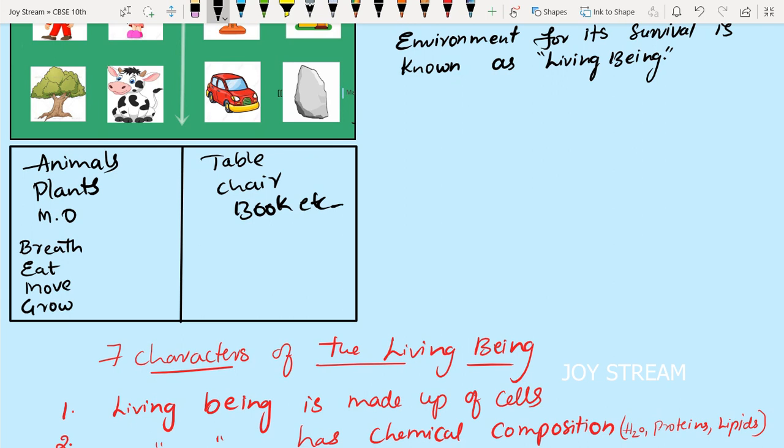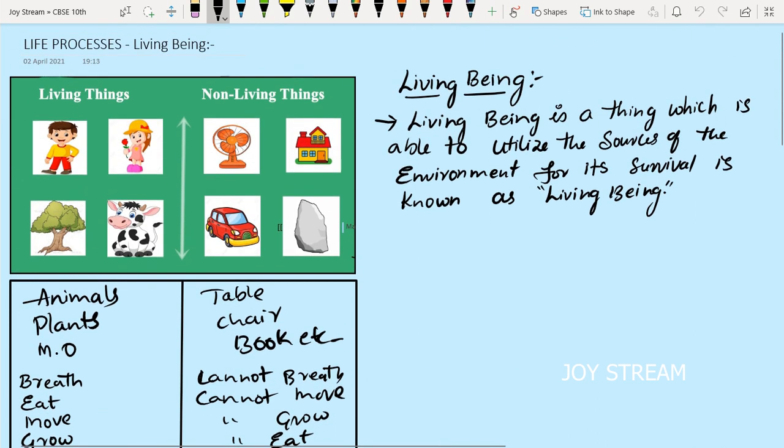But non-living things cannot breathe, they cannot move, they cannot grow, and they cannot eat. In this way, we can differentiate living and non-living things.